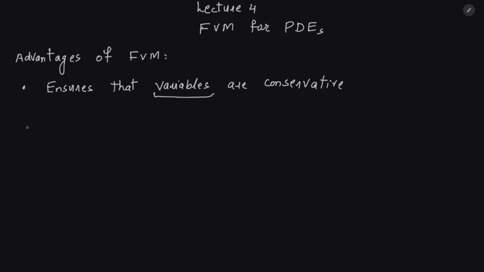The second thing, it can deal with discontinuity, which was a negative point of finite difference method. It can deal with discontinuous solution.